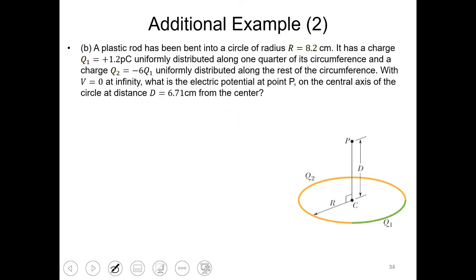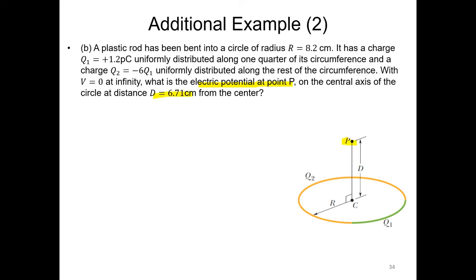Yeah. So for the next one, what is the electric potential at point P on the central axis of the circle, distance d from the center?